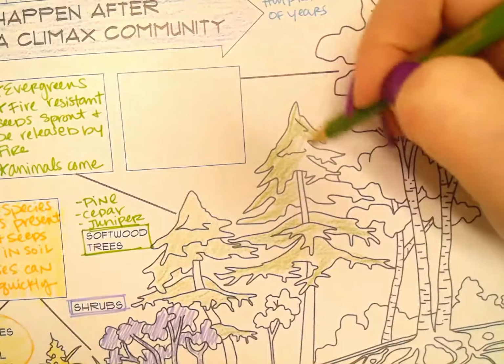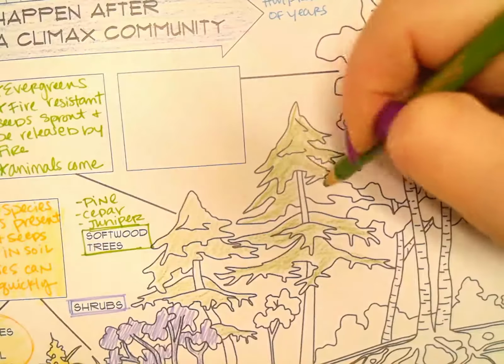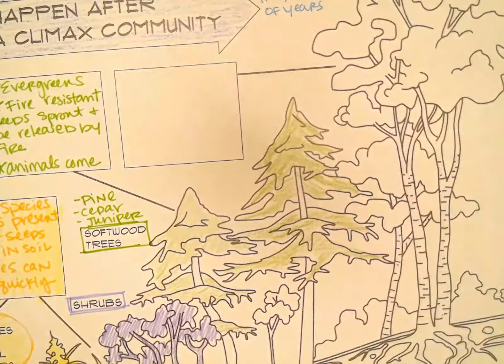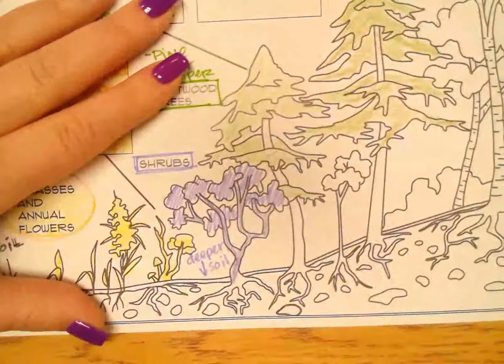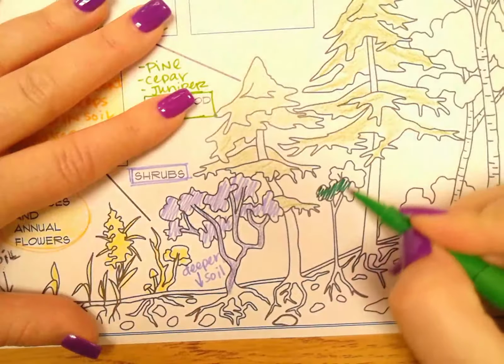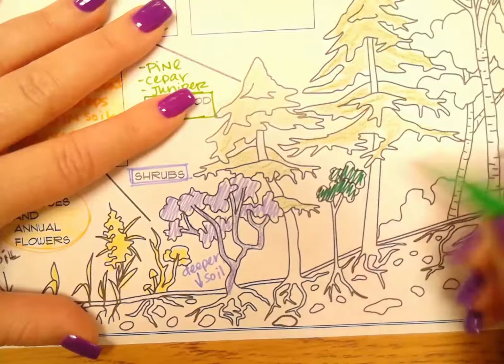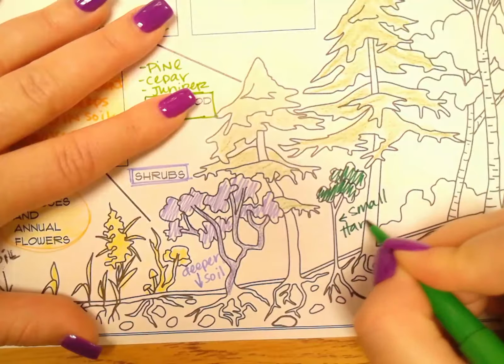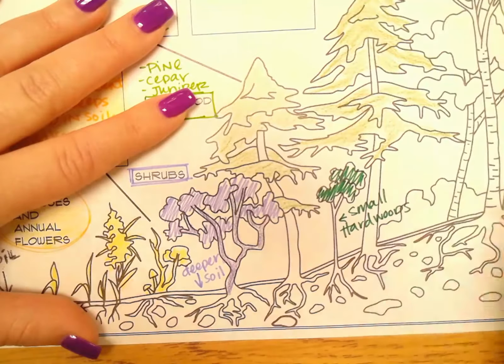Because remember, they're going to lose their needles, and that's going to keep providing new soil material to be added. So down here, I'm going to switch to my dark green because this is a little baby hardwood, right? So small hardwoods can start to move in. Okay.